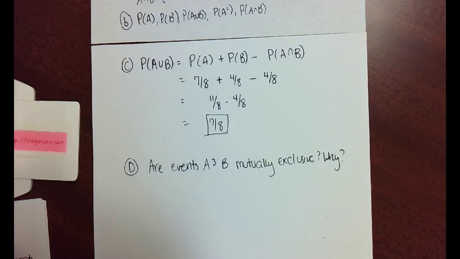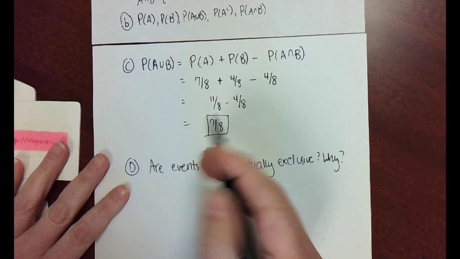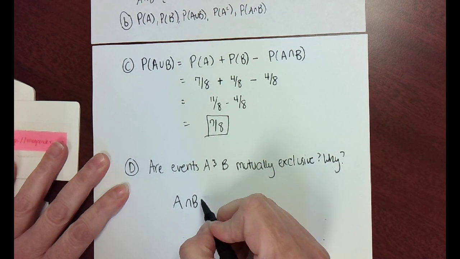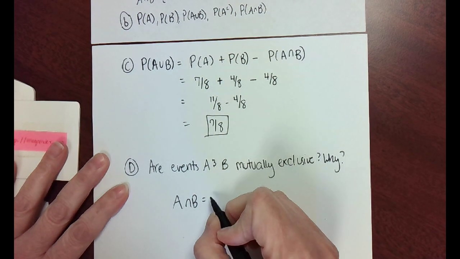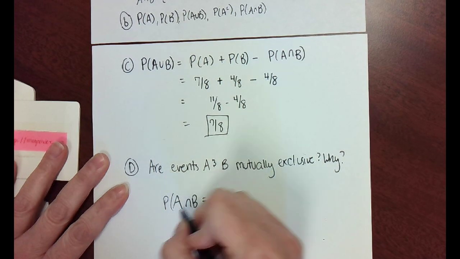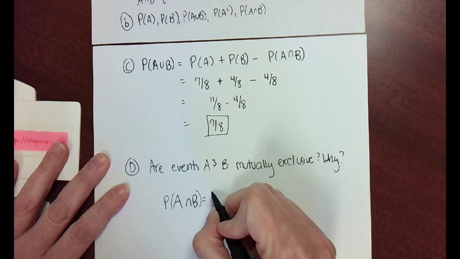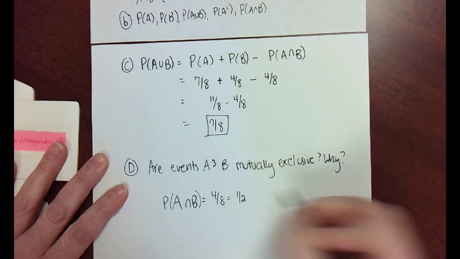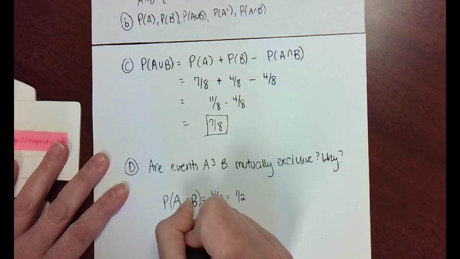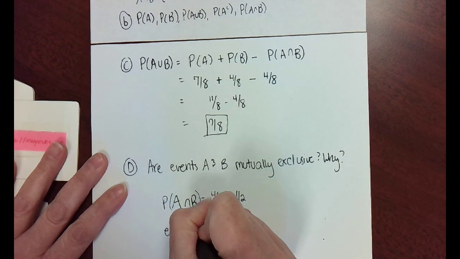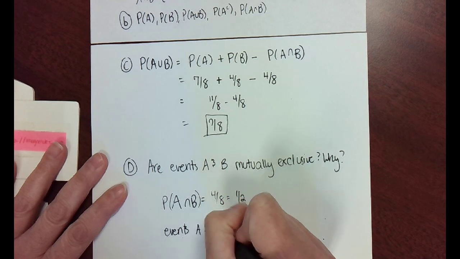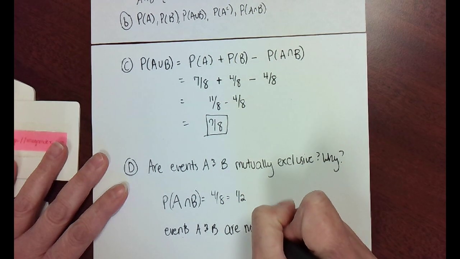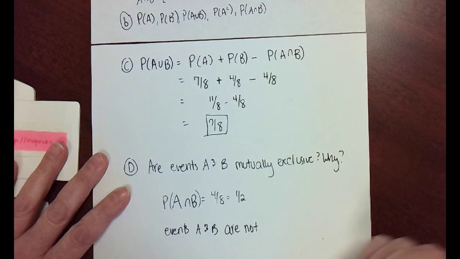Because the probability of the intersection of A and B is 4 out of 8, or 1/2, that means these events are not mutually exclusive.